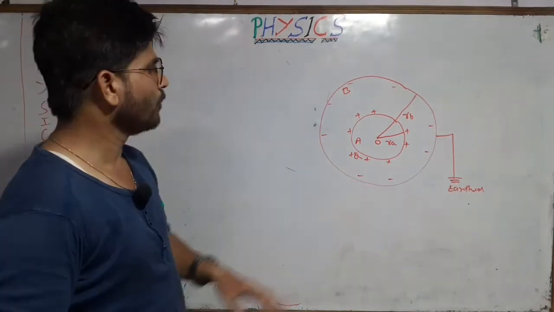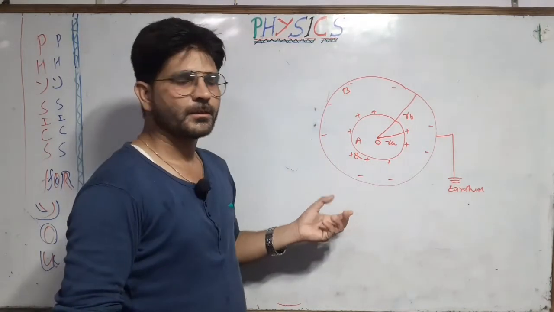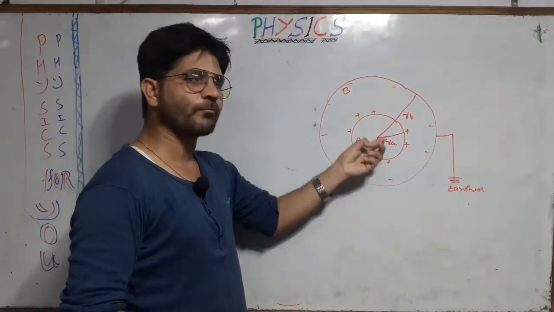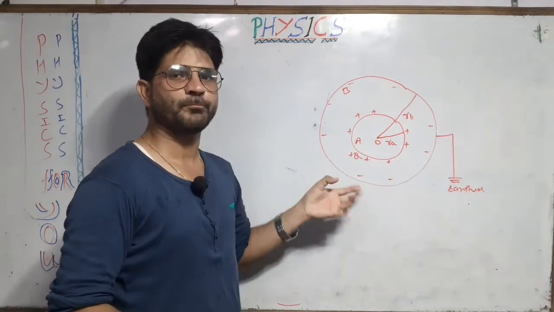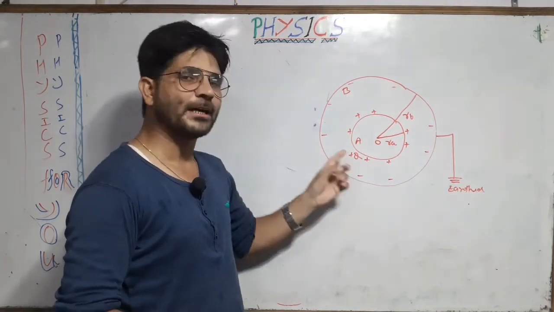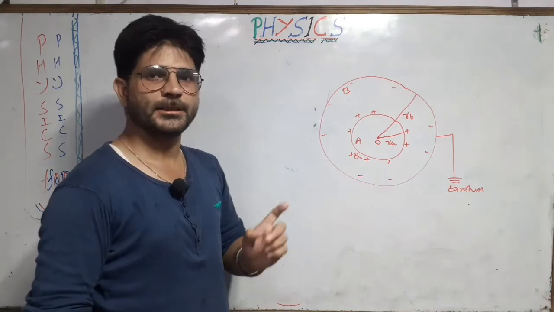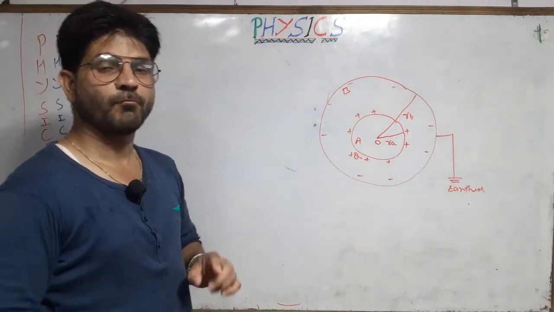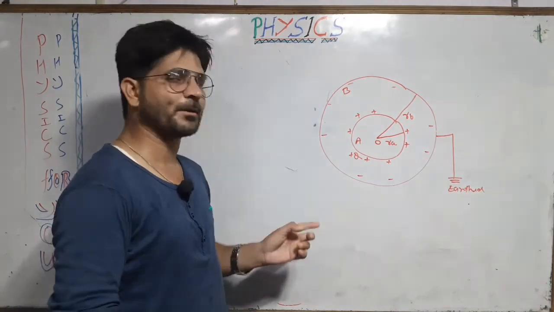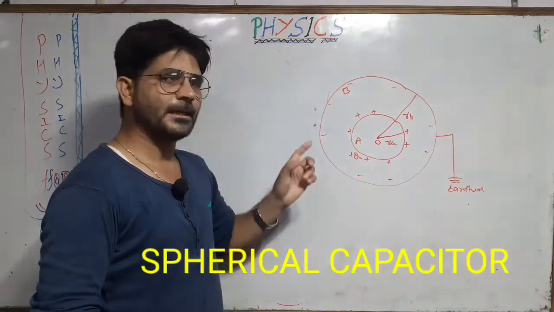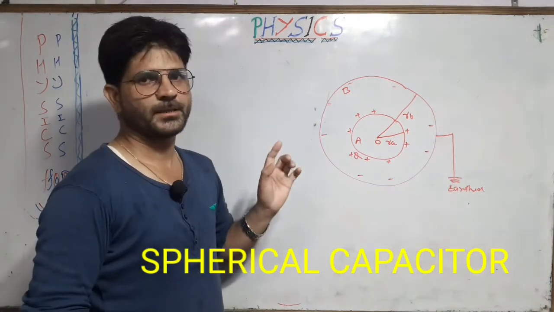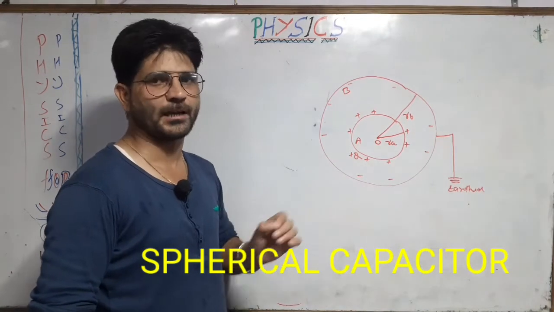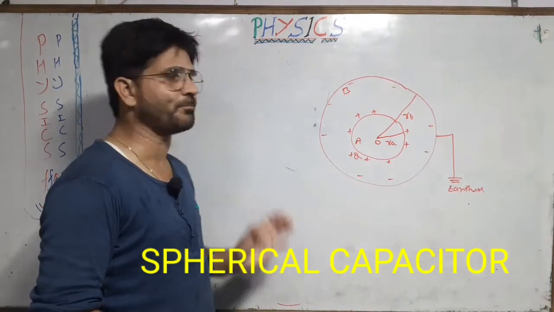So what is this? The shape of the conductors is spherical, so it is a capacitor, but a spherical capacitor. So now what is the topic of the day? The topic of the day is spherical capacitor, and we are going to find out the expression for the capacitance of a spherical capacitor.